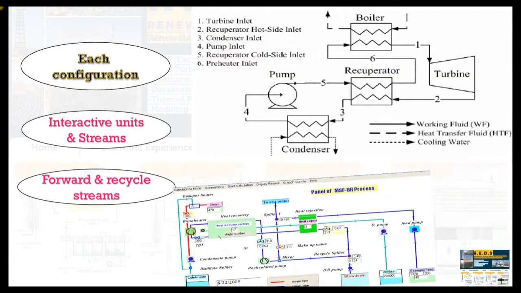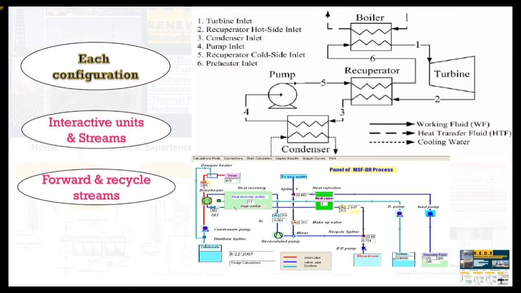So for each configuration we have interactive units and streams, and we have forward and cycle streams. Suppose I am going to discover the output stream, the input stream to the turbine unit. It is number one. You have to assign this or calculate this. If you are going to calculate this, you have to calculate stream number 6.